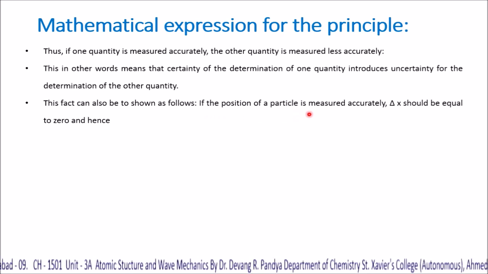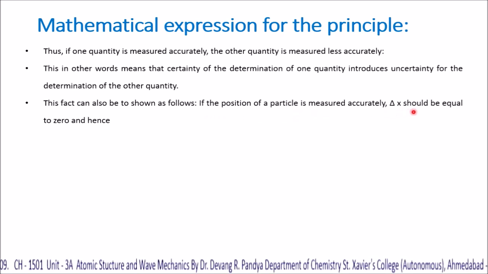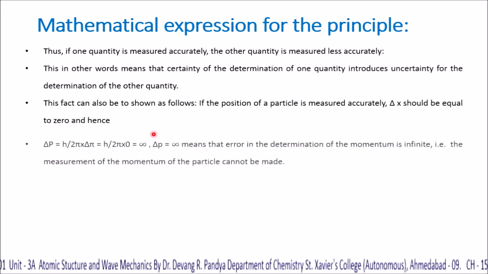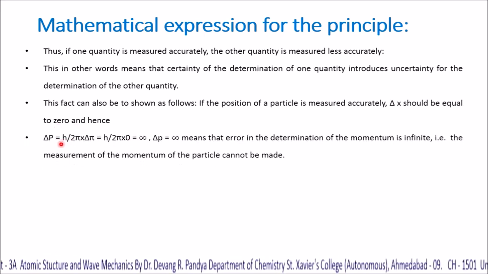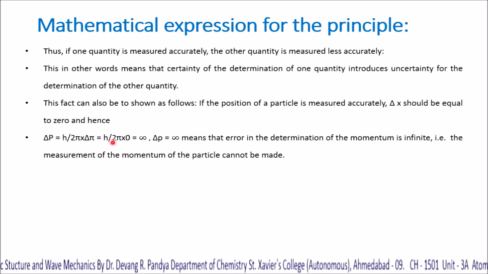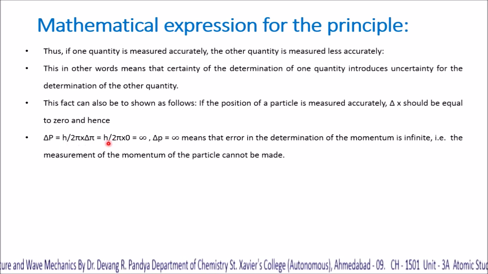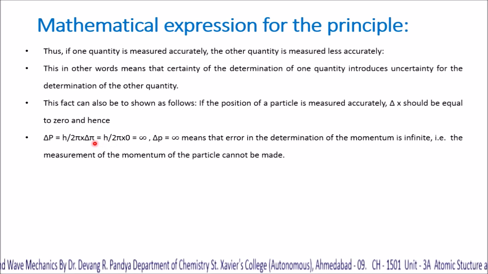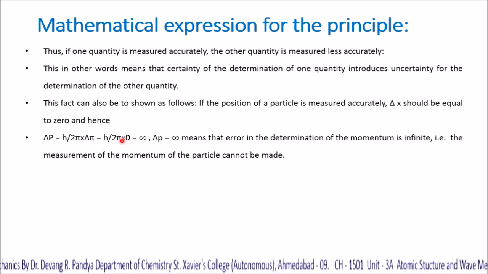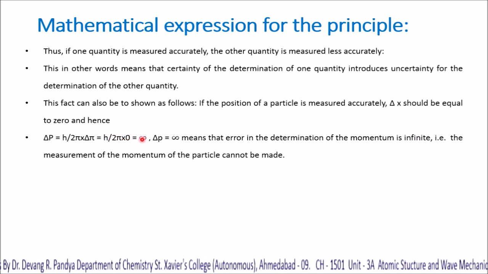If the position of a particle is measured accurately, that is, delta x should be equal to 0, and hence delta p is equal to h upon 2 pi into delta x. There is no variation in the x value, that is why it is 0, and 0 into 2 pi is equal to 0, so h upon 0 is equal to infinity.